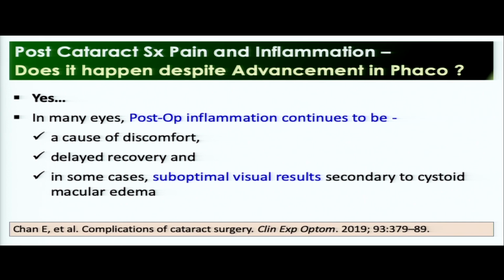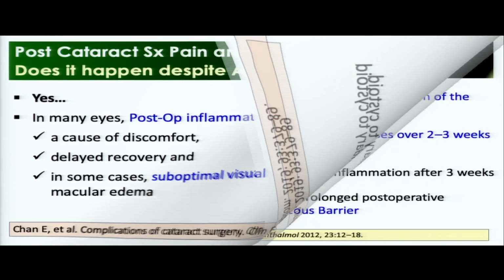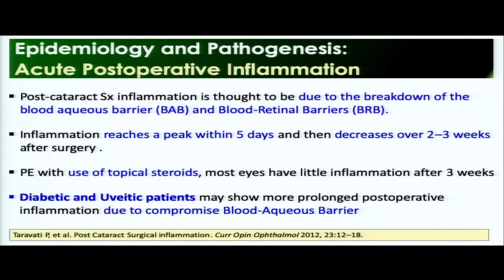There are many multifactorial causes, and whatever method you have chosen, this is due to breakdown of the blood aqueous and blood retinal barrier. Normally, this breakdown causes inflammation, which reaches a peak at the 5th day and decreases over 2 to 3 weeks.